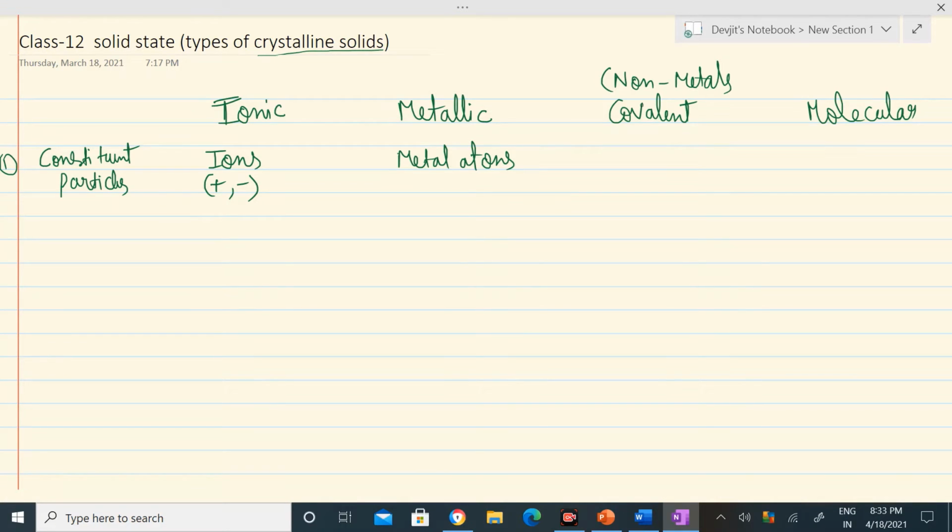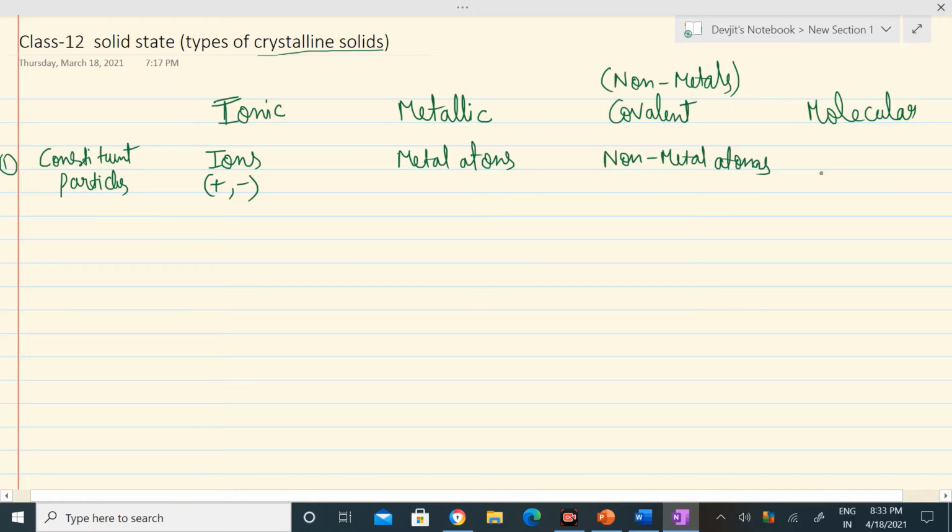So when a bond is formed on the basis of sharing, and with that bond a solid is formed, it is called a covalent solid. It is made up of non-metal atoms, covalent bonded solid.